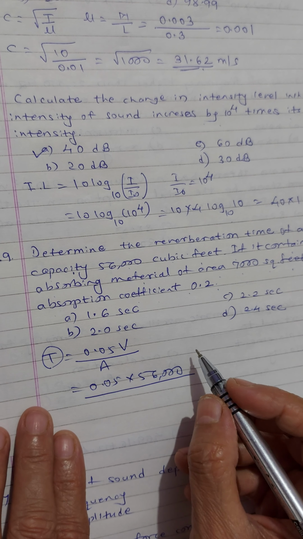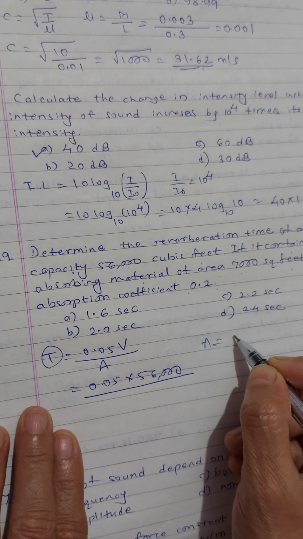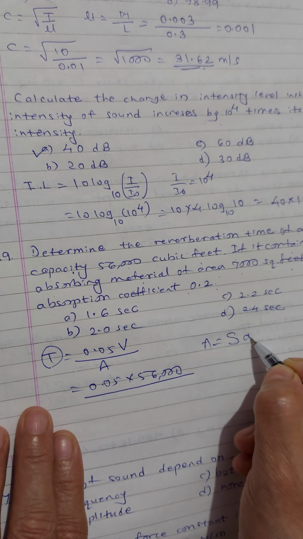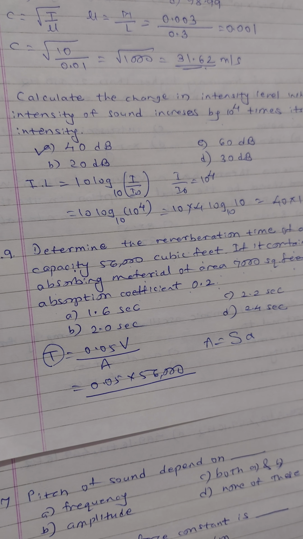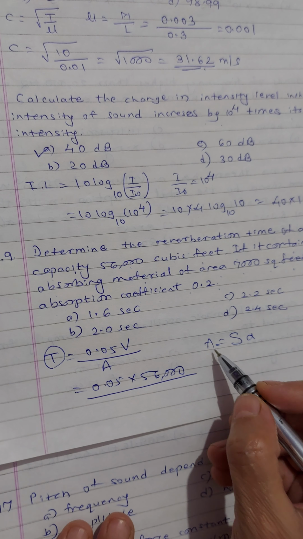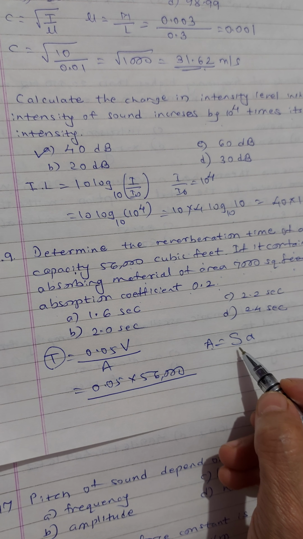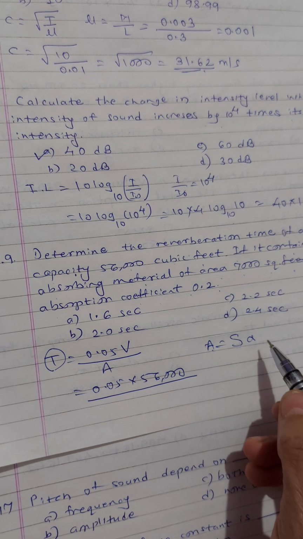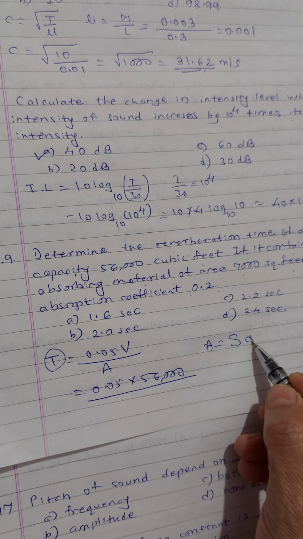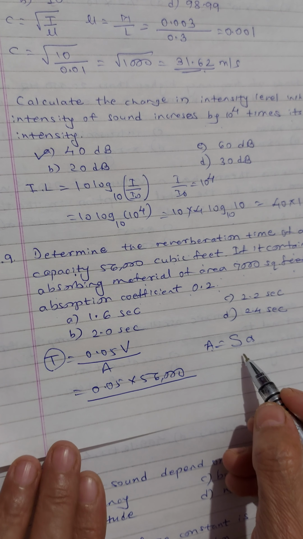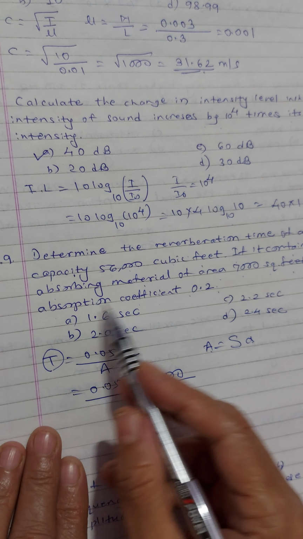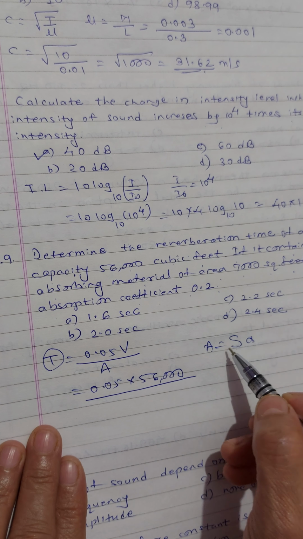What is the formula for A? A is basically capital S into small a. Over here, this is the effective area. This is the area given and this is coefficient of absorption. So in this case, how much absorbing material of area is given? 7,000 square foot.